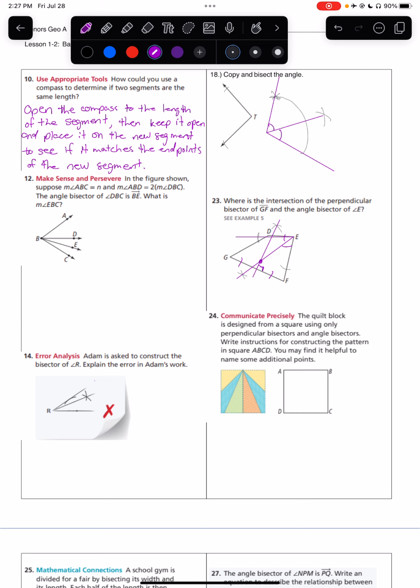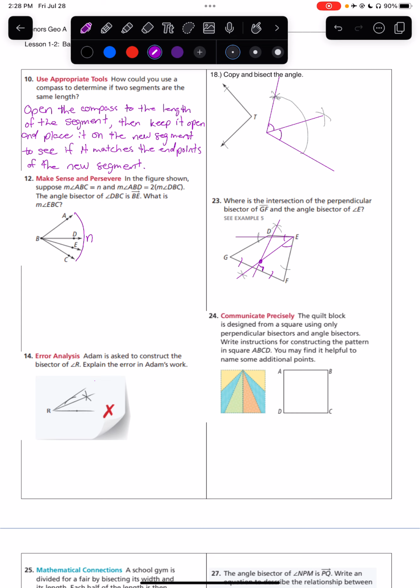So number 12, in the figure shown, suppose the measure of angle ABC equals n. So this entire measurement from there to there is n degrees. And the measure of angle ABD is twice as much as the measure of angle DBC.